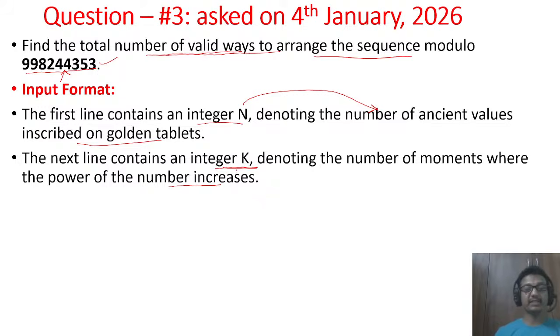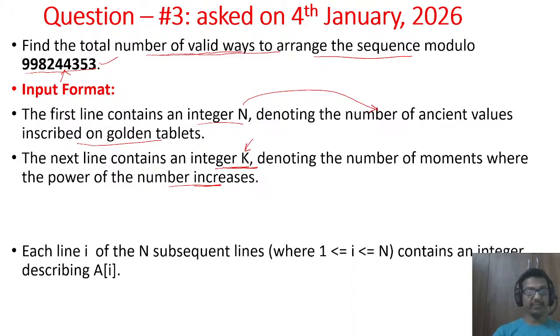The next line contains an integer k. You should understand this very carefully. Integer k indicates the number of moments where the power of the number increases, that is, how many times the number increases. That is indicated by k here.